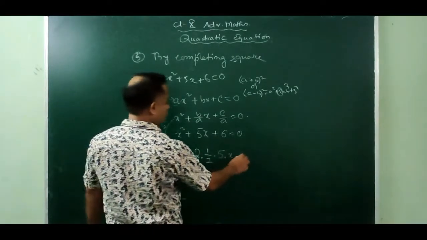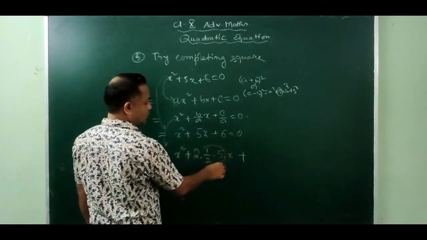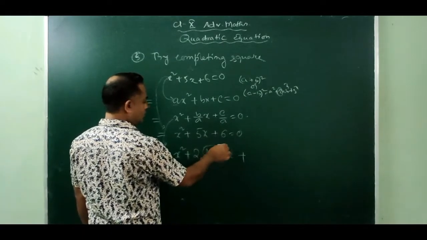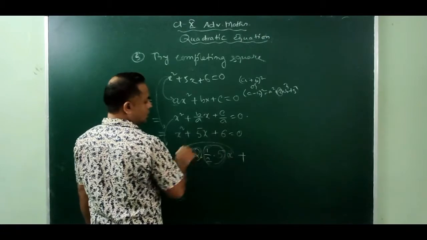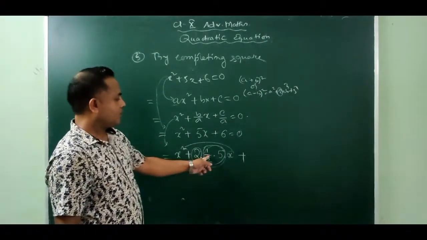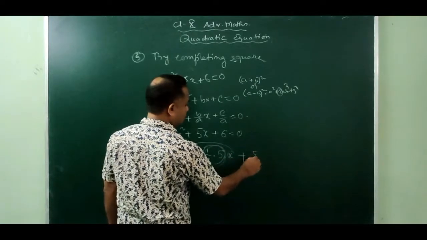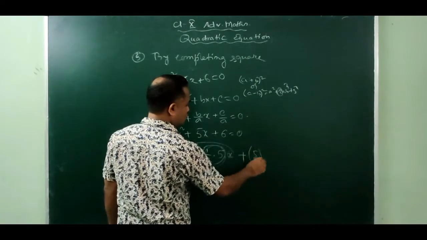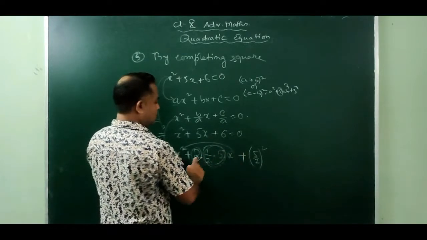So this is one new equation. For this 2 we get this one, so this is for the formula. This is the new variable. So what does it become? It becomes 5 by 2, that means 5 by 2 whole square. That means it becomes a square plus b square.